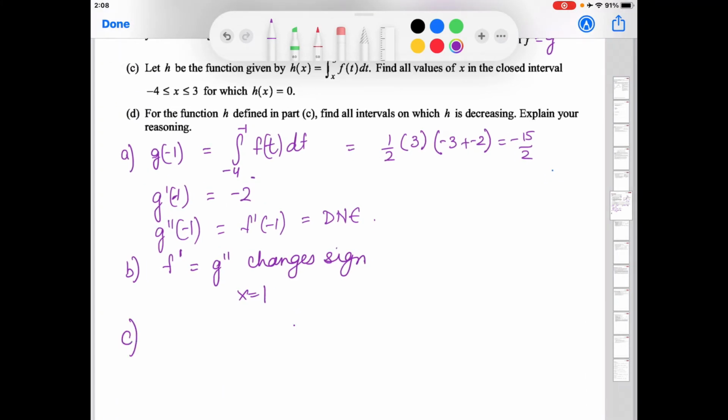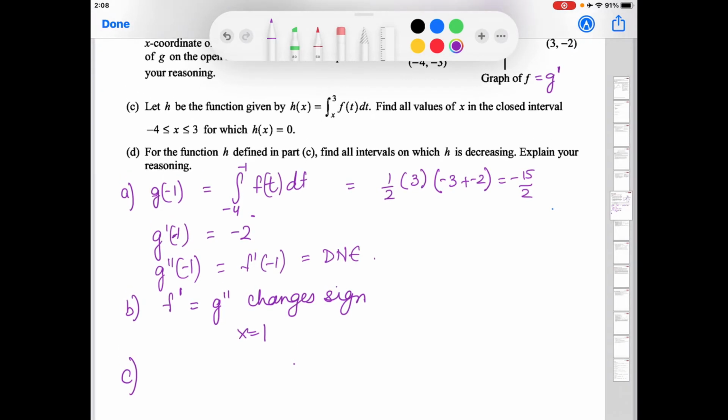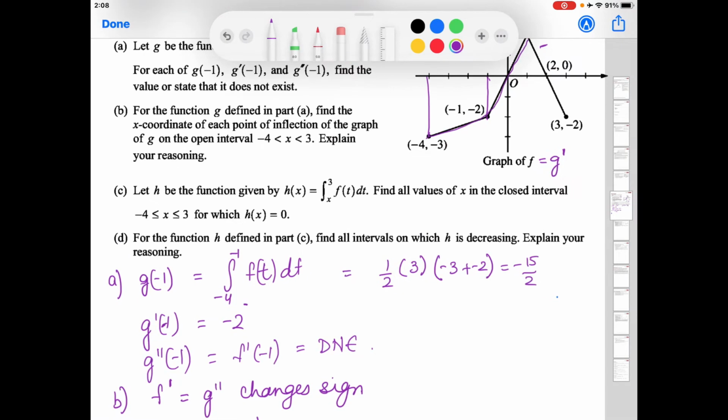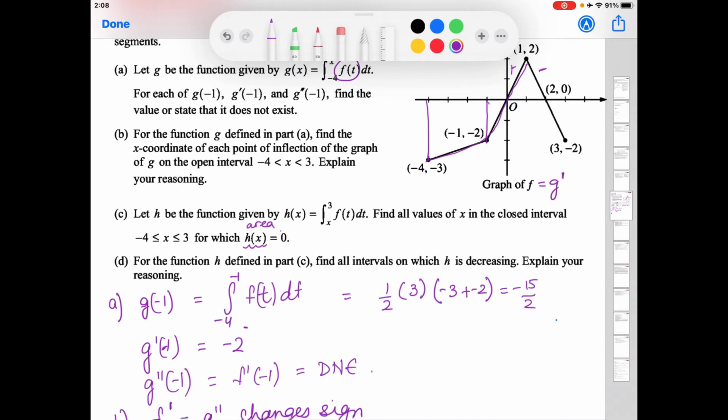It's saying let h be a function given by h of x equals the integral from x to 3 of f of t dt. Find all values of x in the closed interval between -4 and 3 for which h of x is equal to 0. So I want to find all the x values for which my area under the curve would be equal to 0. Since it's a first derivative graph, I'm going to look at the area.